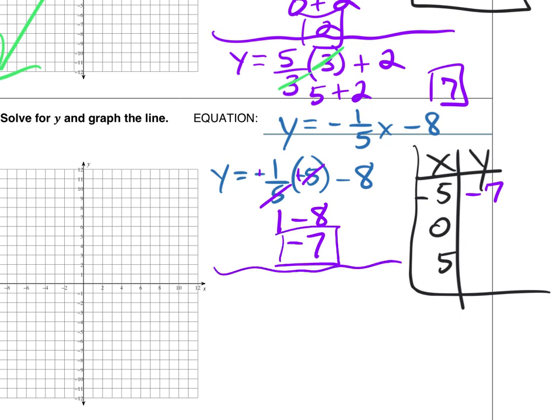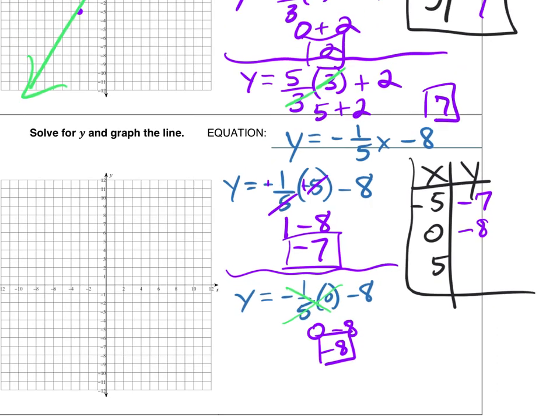I'm going to do the same thing. Y equals negative 1/5 times 0 minus 8. Negative 1/5 times 0 ends up being 0. So 0 minus 8 equals negative 8. In this equation, when x equals 0, y equals negative 8.